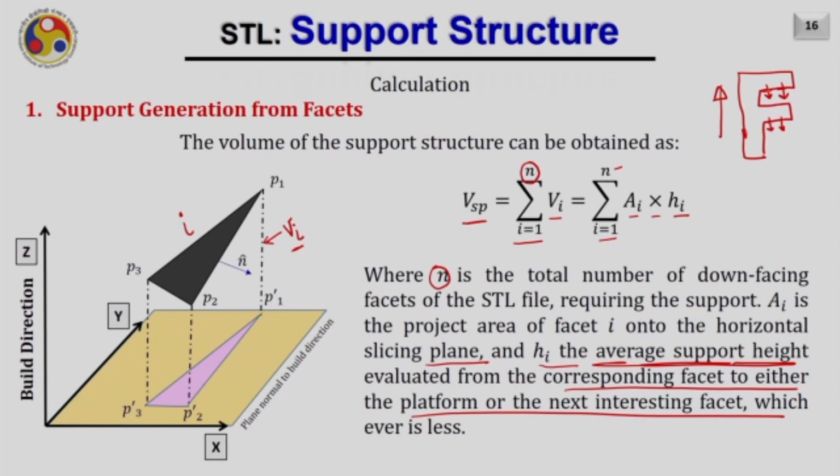In that case, the support generated for these triangles will be projected on the part itself, while for these triangles the required support will touch the base. Therefore, we have mentioned Hi is the average support height evaluated from the corresponding facet to either the platform, for example this one is going till the platform, or to the next intersecting facet, that is here for this particular support, whichever is less.